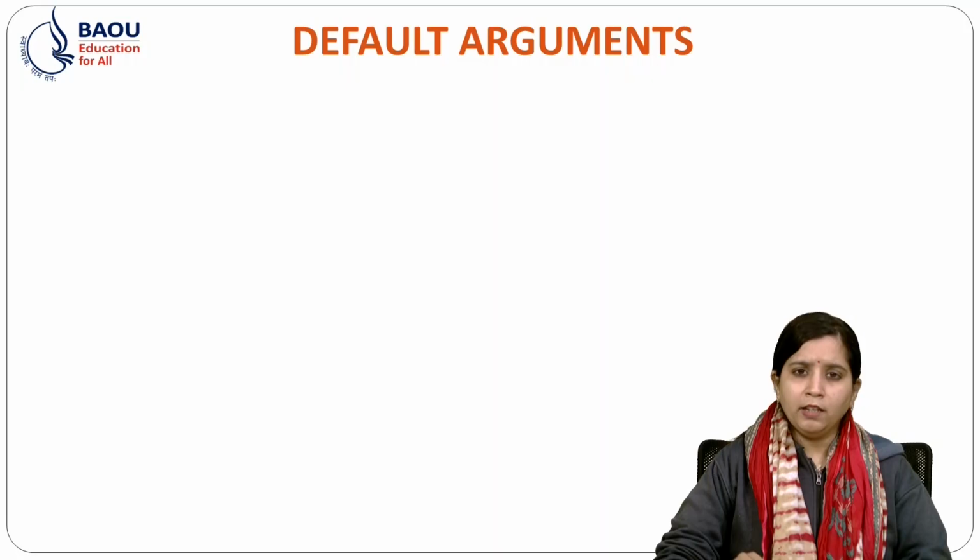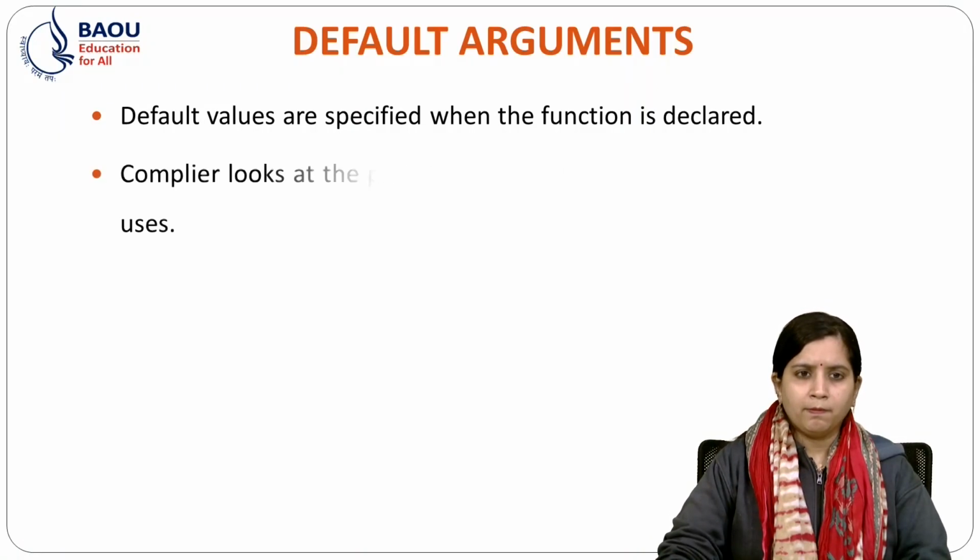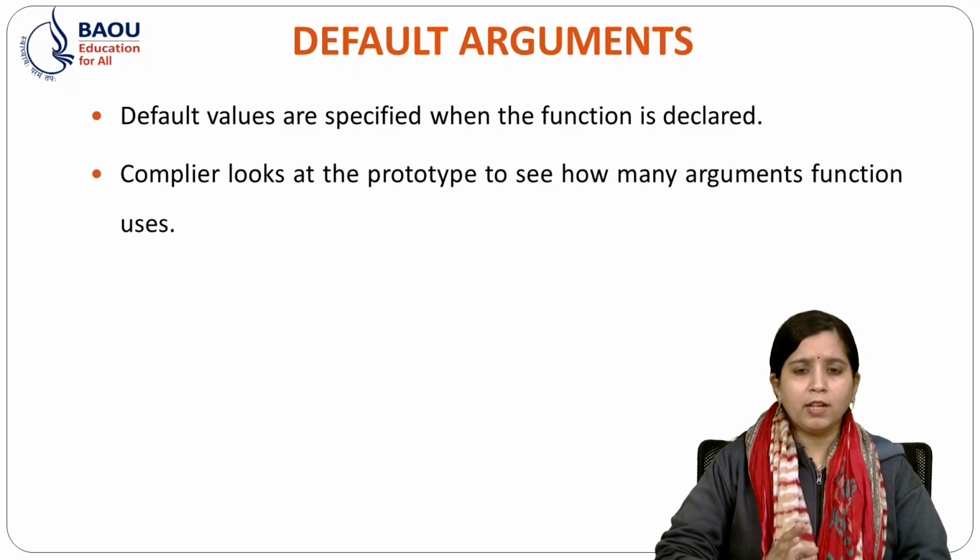So let's see default arguments. What are default arguments? Default values are specified when the function is declared. So the compiler looks at the prototype to see how many arguments the function uses.